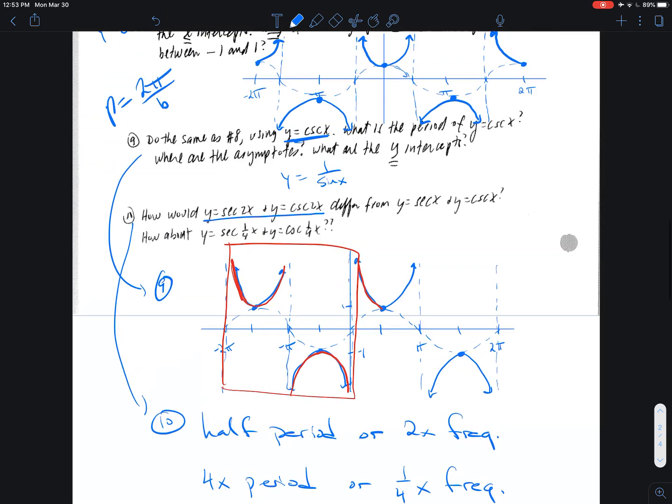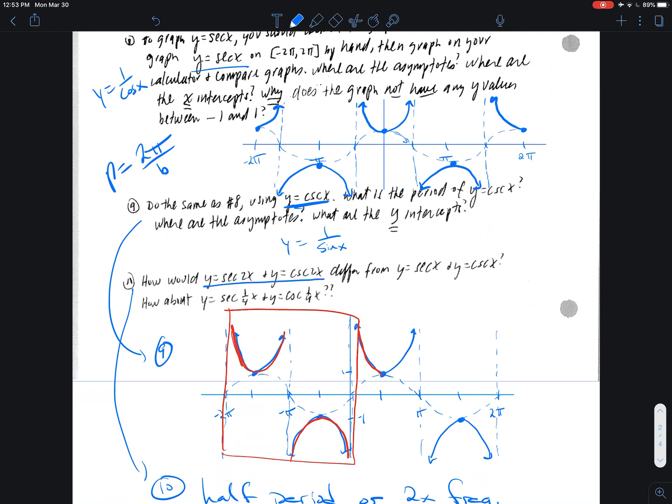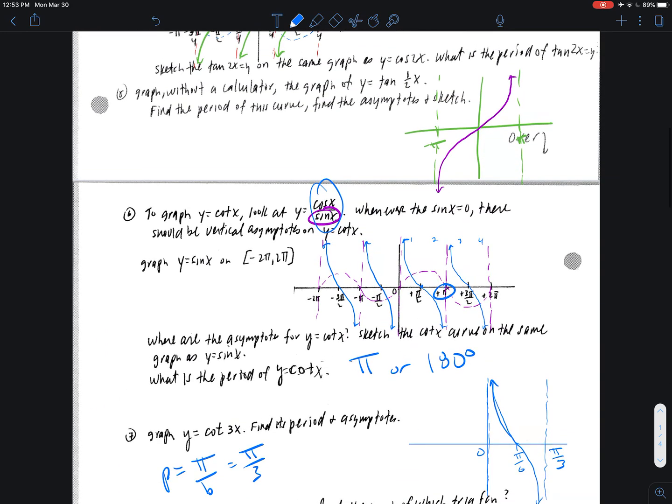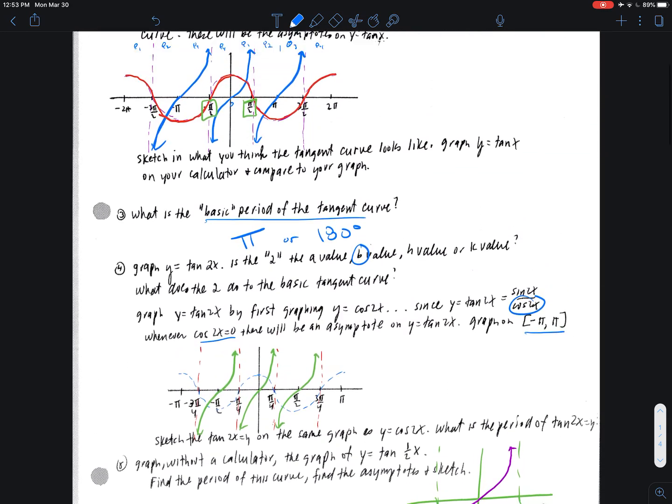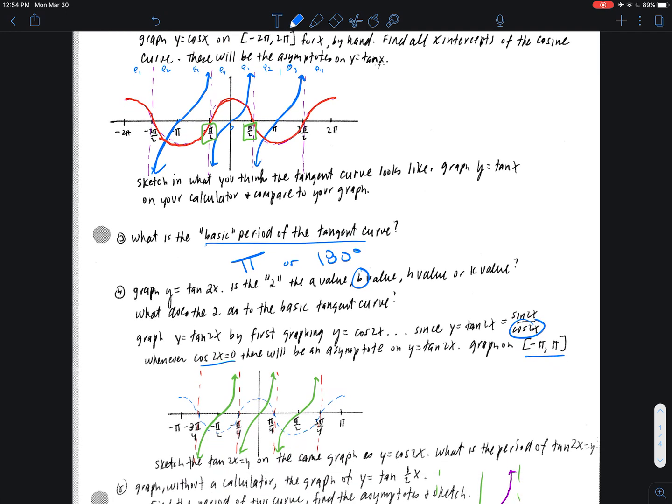There. So hopefully you've got a good sense now of the relationship of your sine and cosine, which you're hopefully very familiar with, and its relationship to secant and cosecant, as well as tangent and cotangent. Again, the big takeaways are that tangent and cotangent are 90 degrees shifted, but also then flipped vertically because of the sine, cosine, sine relationship, tangent and cotangent, reciprocal identities.